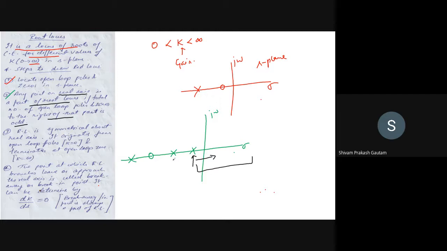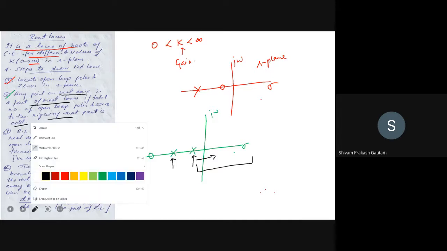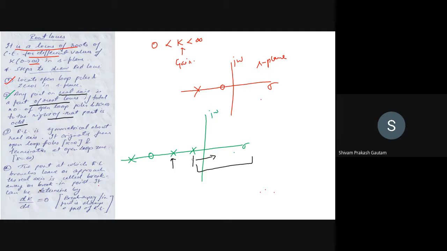Now let us consider that you are at this point and look to the right hand side of this point. Now when you are looking at the right hand side of this point, you can observe that there is one pole on the real axis, right?